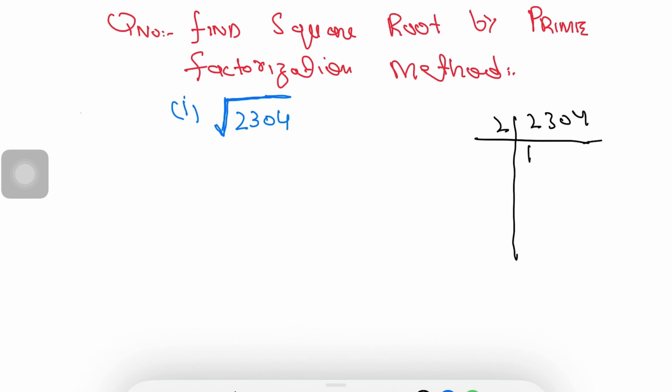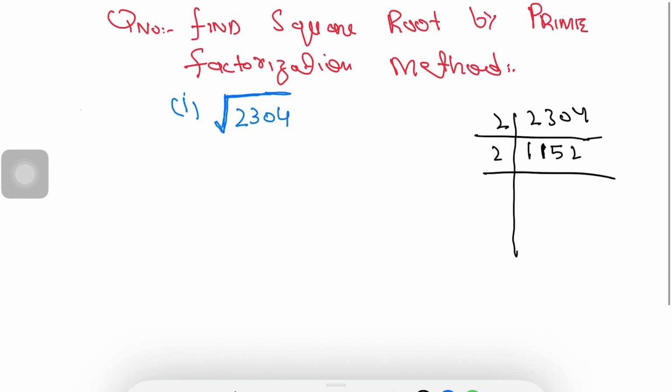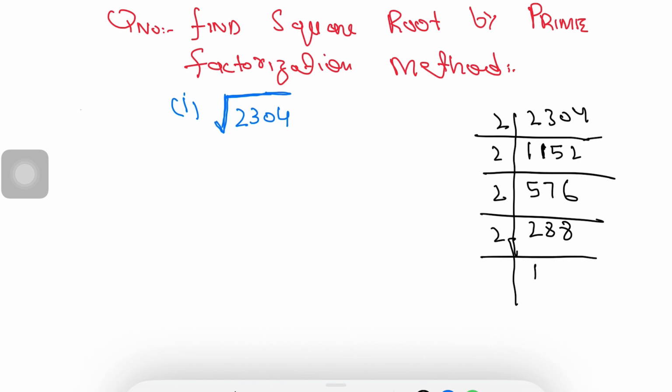2304, and from the table of 2 we start. Okay, 1 2 is 2, 2 1 is 2, 1 2 is 2. And 1 remaining, 5 2 is 10 and 2 to the 4. Okay, and 5 2 is 10. And 1 remaining, 7 2 is 14, and 1 remaining, 6 2 is 12. And 2 4, 1 remaining, 8 2 is 16 and 1 remaining, 8 2 is 16.